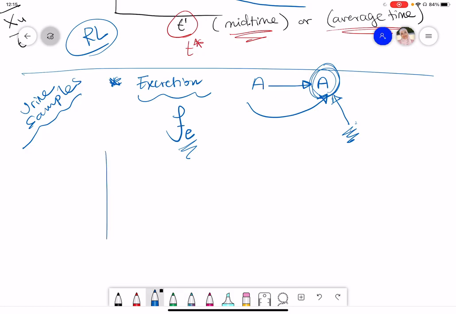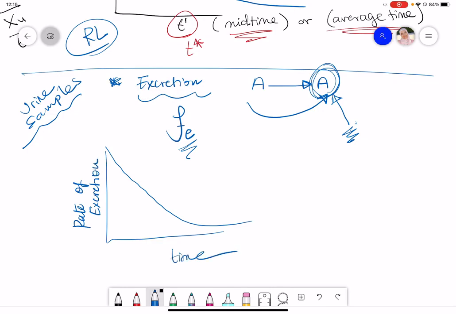Another thing, if we are talking about the profile that we need to draw, rate of excretion versus time, we need to have frequent sampling to have that profile accurate, right?